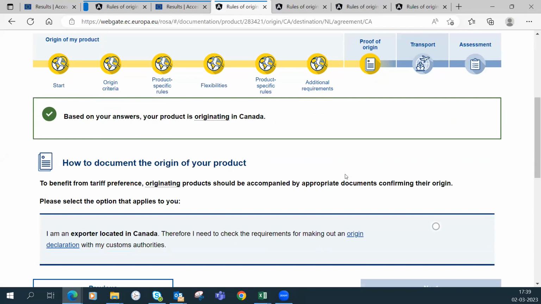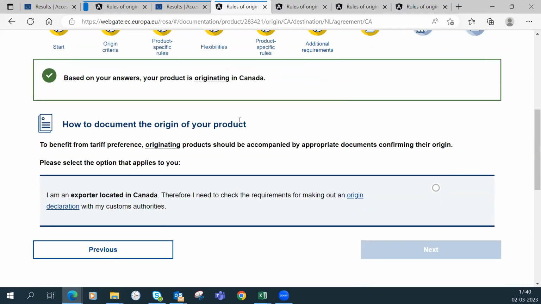And now, I explained that it's a complex case because you import non-originating material, your product didn't meet the product specific rule, so you have to check if through the flexibilities you are allowed to still fulfill the product specific rule. You answered the additional requirements, territoriality, and whether you went beyond minimal operation. And now the machine told you that, based on your answer, your product is originating in Canada.